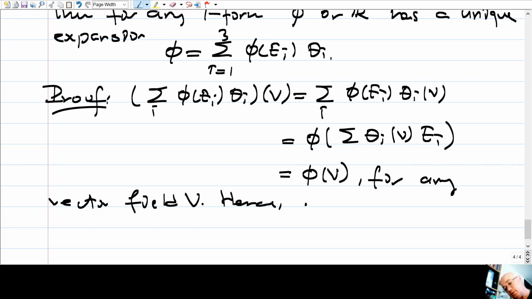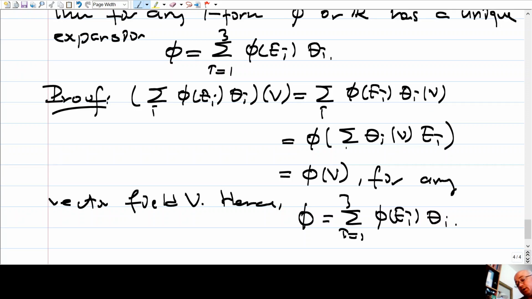Hence this is just, okay. Yeah, these are some functions multiplied with one forms, and then we evaluate this on a vector field.